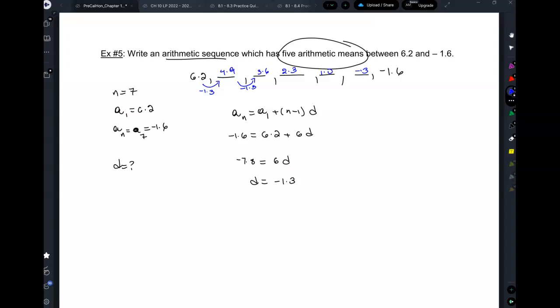Students are always like, Ms. Malikin, can't you just subtract these two and divide by how many steps there are? Well, yeah, but isn't that exactly what we just did? We just subtracted those two and divided by how many steps there are. That's exactly what this formula does. But we have to write it. You can just start from here, that's fine.